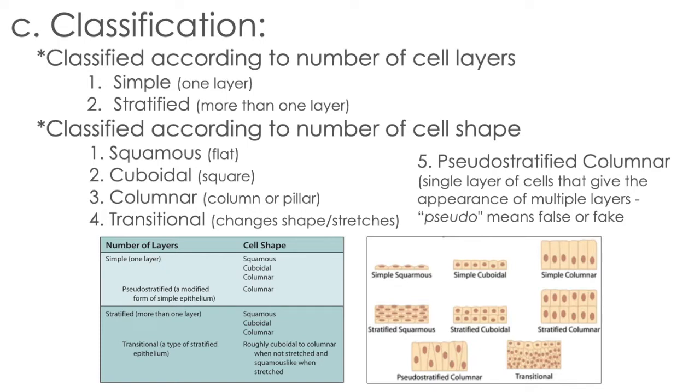So pseudostratified is referring to pseudo, meaning false or fake. So it's referring to a fake stratified, but it's actually just one layer. So it would actually be simple columnar. But because of the shape of those cells, we identify it as something that stands out as pseudostratified columnar cells.